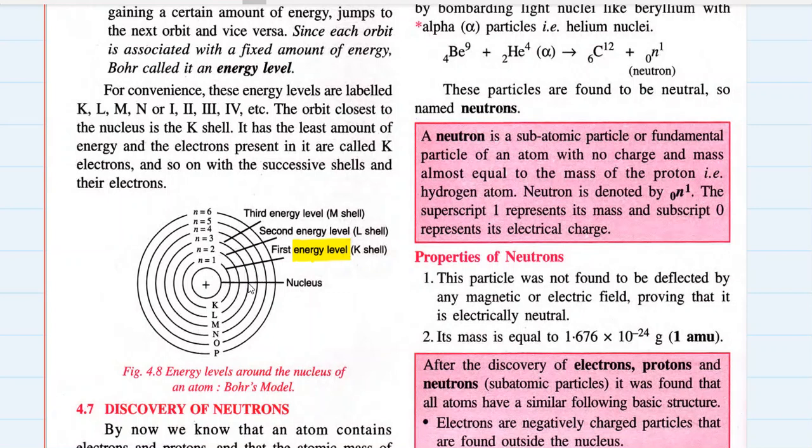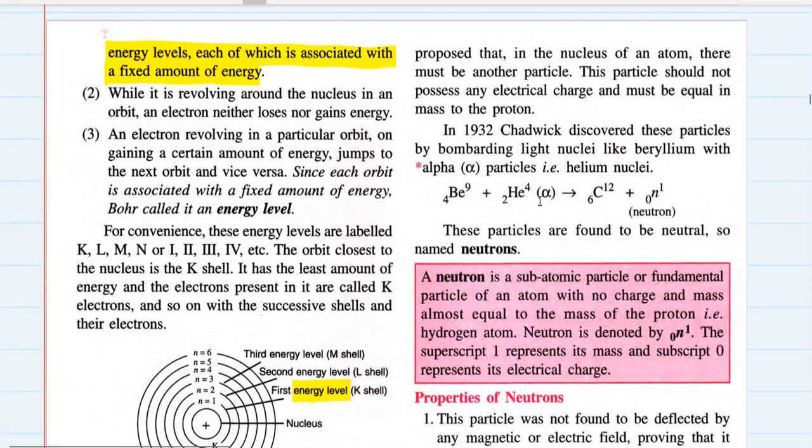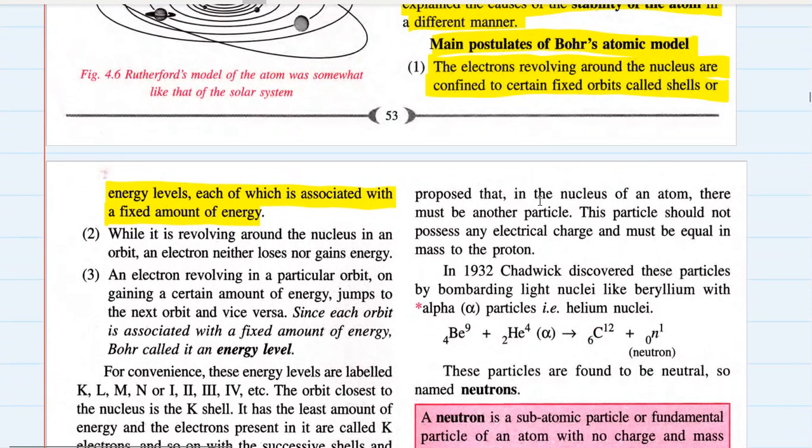So electrons revolving in that particular shell will possess that fixed amount of energy. That was a very path breaking and profound statement of truth given by Niels Bohr regarding an atom or atomic model.